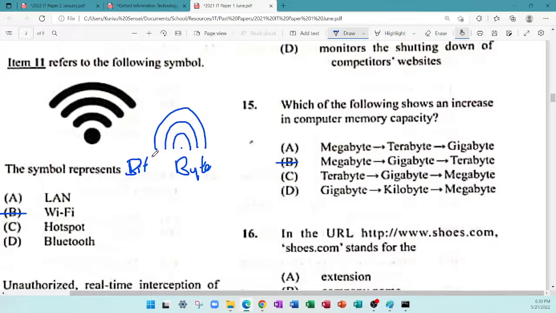How much is a bit? 8. No. It was a byte joke. Listen to the question. How much is a bit? B-I-T. 5. 5 what? 5 bits equals 1 byte.